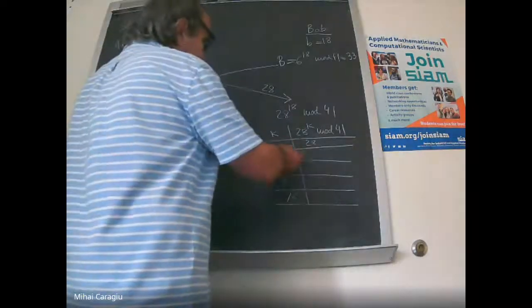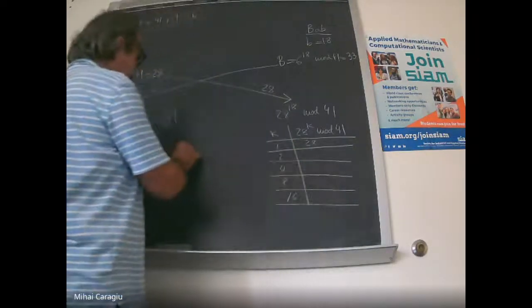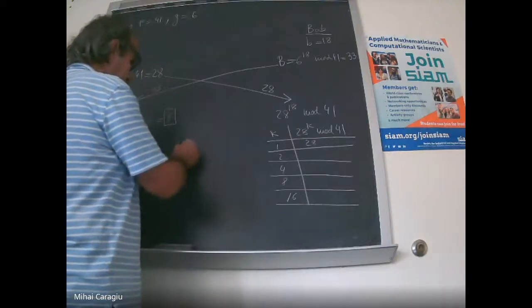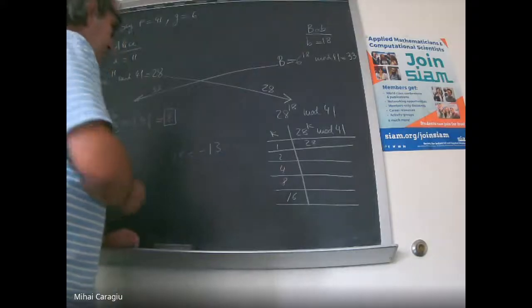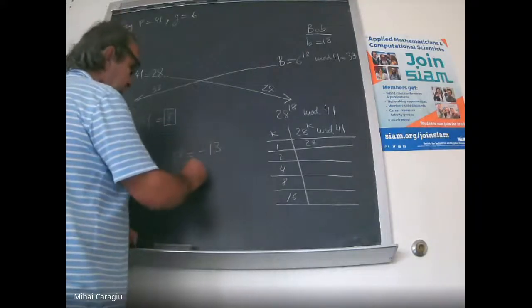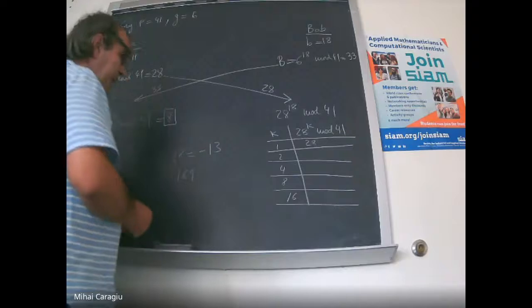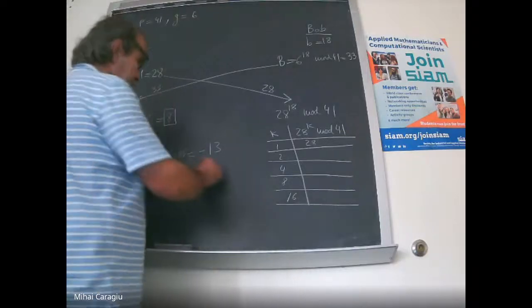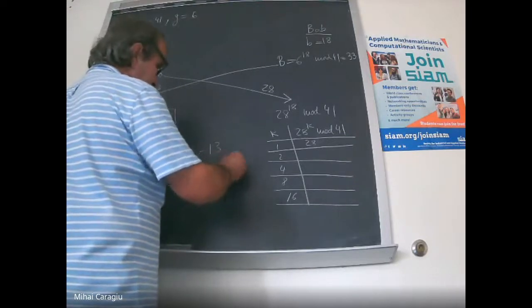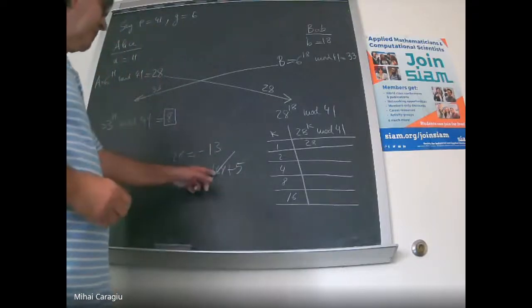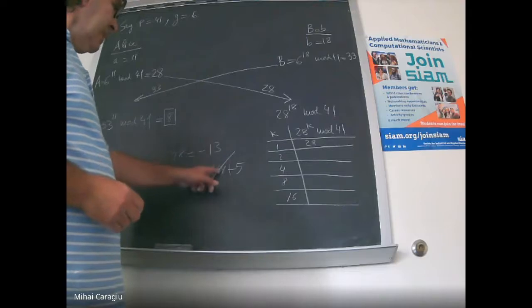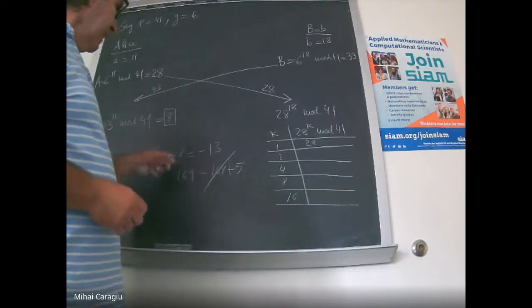How to do it faster? 28 is, let's see, equal to minus 13, right? Minus 13 squared is 169, right? How many times does 41 enter 169? 164, which is 41 times 4, plus 5. So 28 squared is 5.